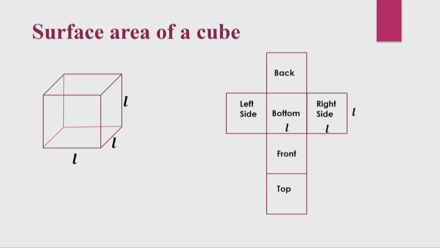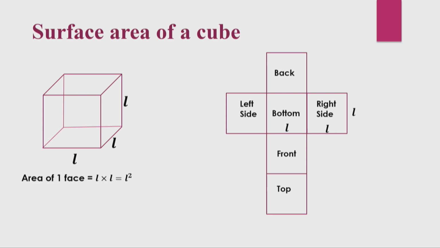The surface area of a cube. On the right-hand side, it is the net of the cube. That is, what it looks like if it is opened out flat. When a net is folded up, it makes a three-dimensional shape. The surface area of a cube is the sum of the areas of its faces.